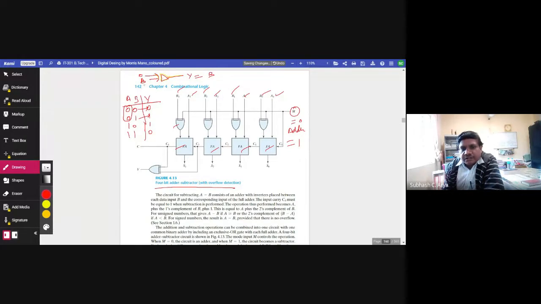Take another case. If A is equal to 1, now instead of making it 0, I make it 1. Then what will happen? The output is B complement. How? Because if B is 0, the output is 1. If B is 1, the output is 0. So it is B complement in case A is 1.